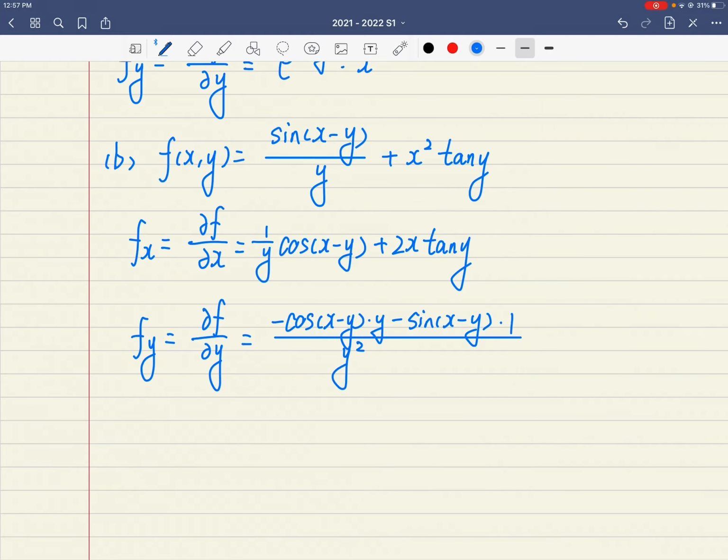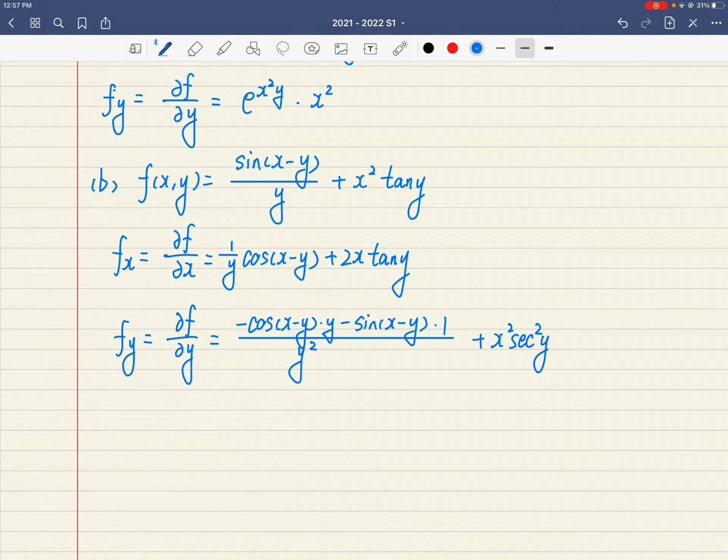And then plus, for this part you treat x as a constant, you just need to differentiate tangent y. What's the derivative of tangent y? It is secant squared y. So that would be the partial derivative by y.